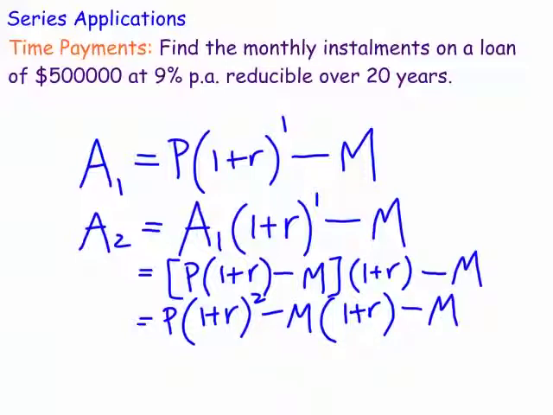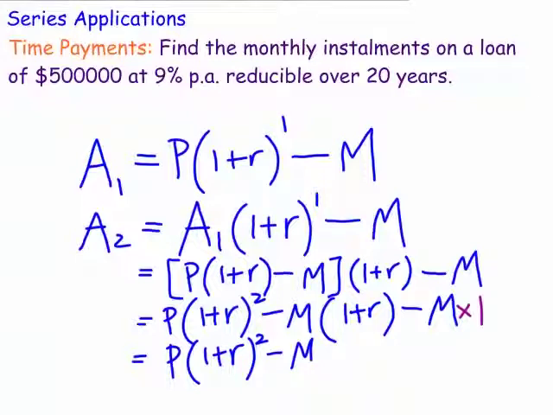Then we normally would rearrange this, so we'd say P(1 plus R) to the power 2 minus M, and I'll just change this to show this is M times 1. So I then would rewrite that with square brackets as (1 plus R), and we can actually put that in brackets, might be a good idea.